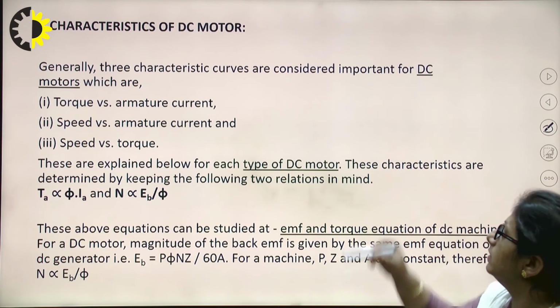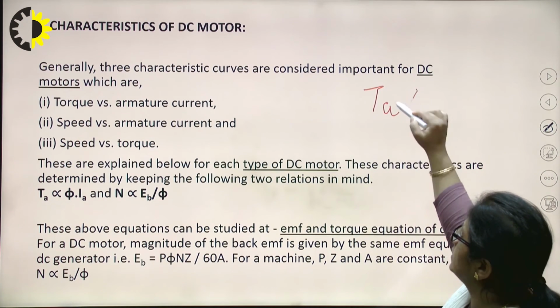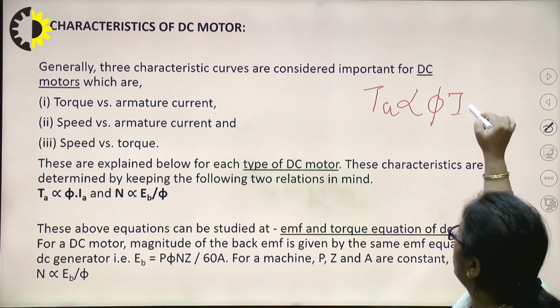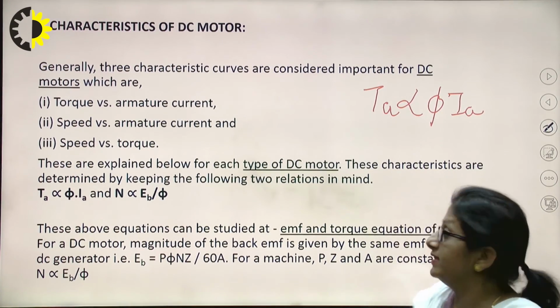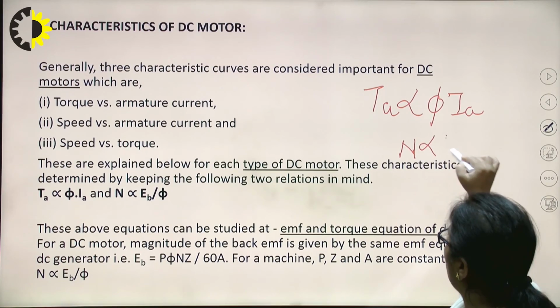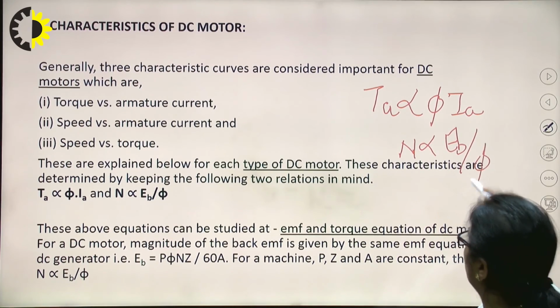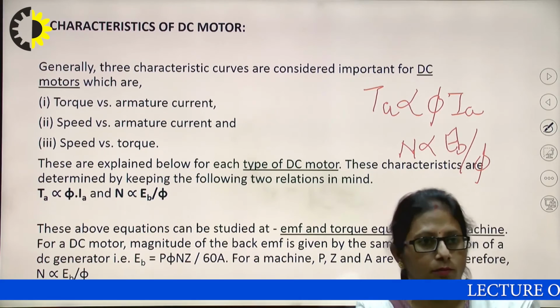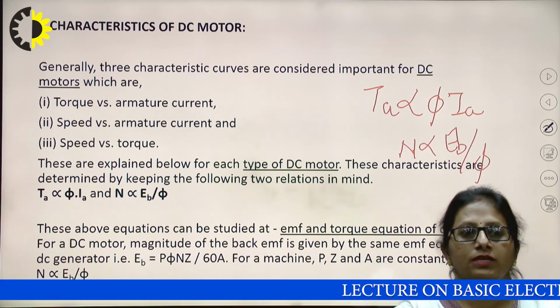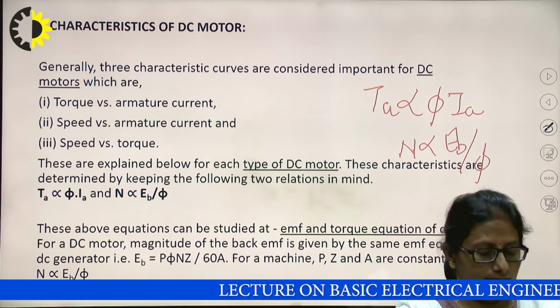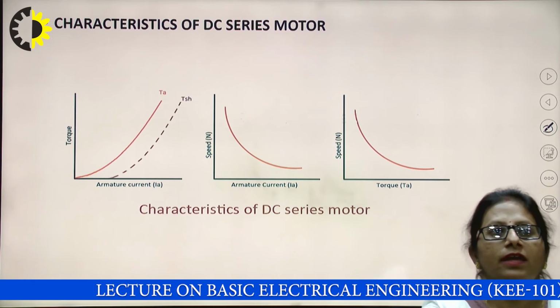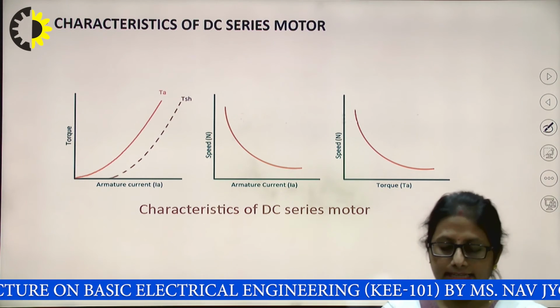One is with the torque. We have just derived that the torque is proportional to flux into IA, and the speed is proportional to back EMF by flux. This is what we have gone from the expression for the back EMF, right? According to these equations, we'll be going with the characteristics of a DC motor. Now, coming to a DC series motor, if you just see.